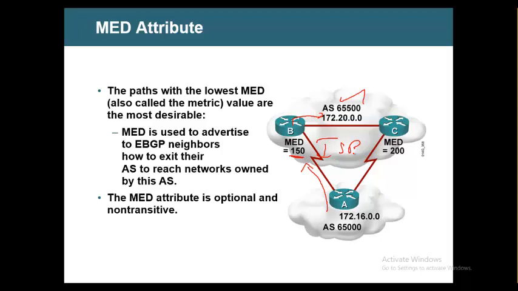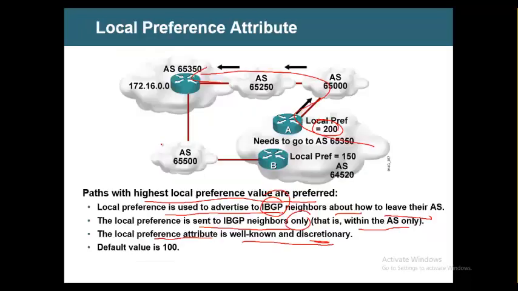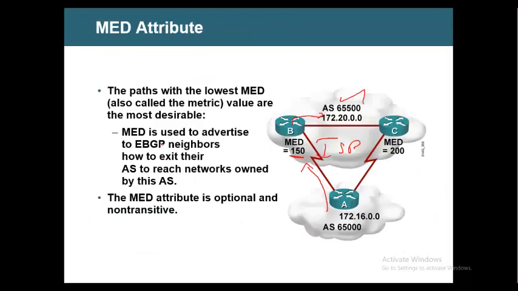Non-transitive is if it is not found, I'm not going to use it. That is why in the output, at least you will have 0, because it should be seen. It is optional, but if it is not found, I'm not going to forward the packet.